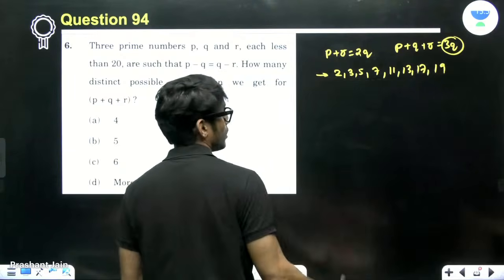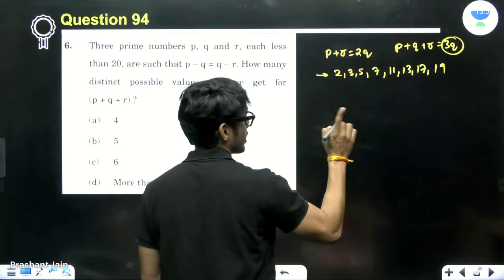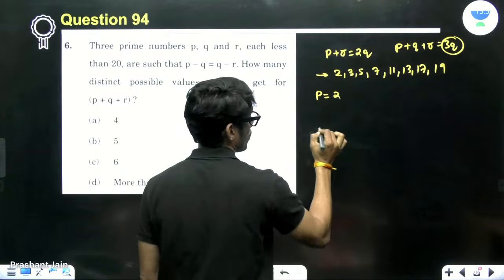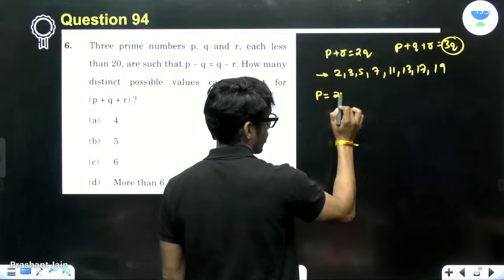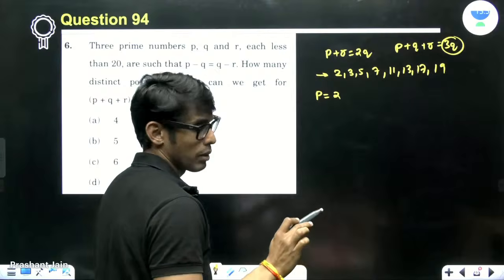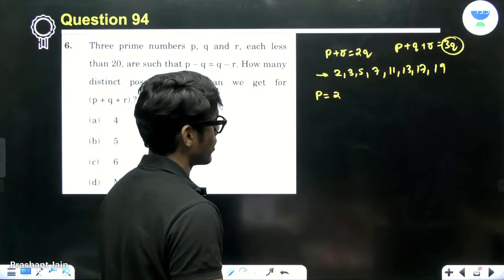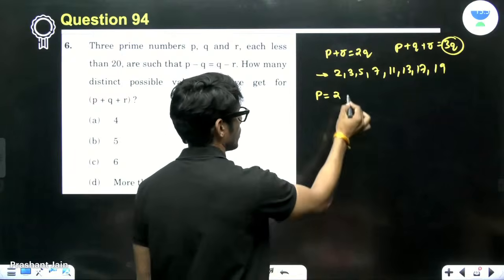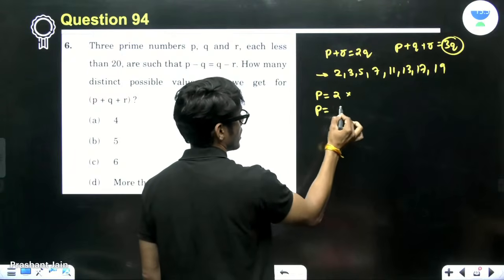Again, the trick here is to find P. If P is 2, you cannot have 3, you cannot have 5. In fact, you cannot have anything, because the common difference will always be odd, and odd plus odd will be even, so eventually the last number will become even. Let's take P as 3.